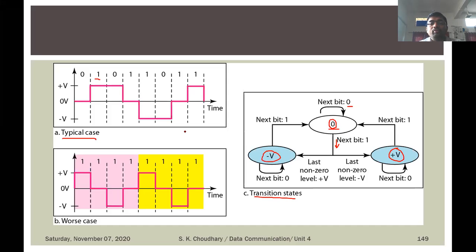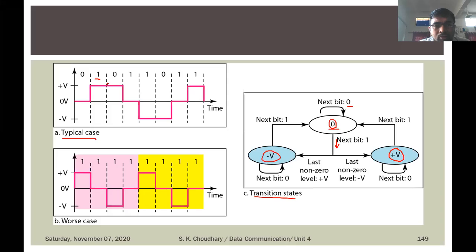For that you have to make a little assumption. Suppose the last non-zero level is minus B. This assumption you have to write on the paper. Only then can you say that if the next bit is 1 and you are at the 0 level, you will move to plus B.